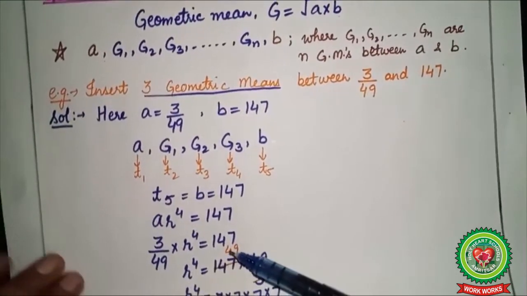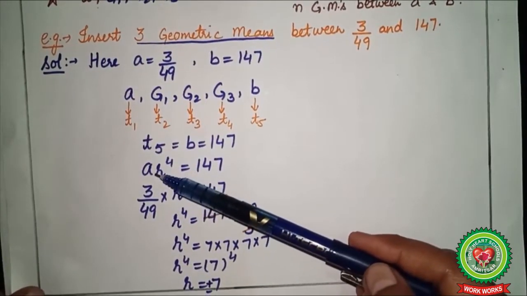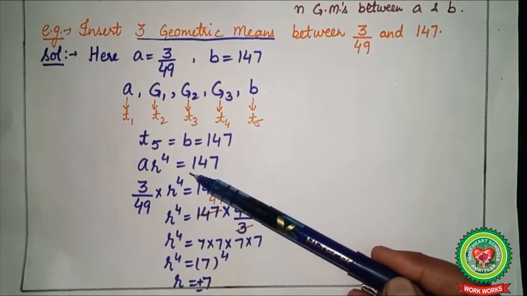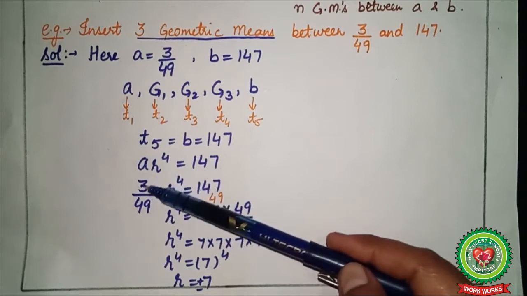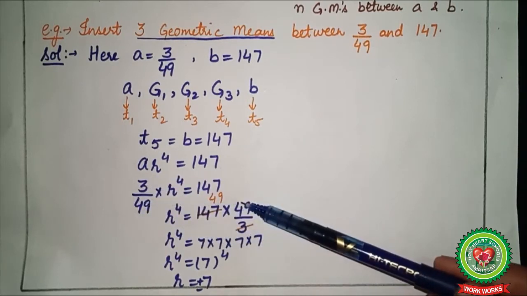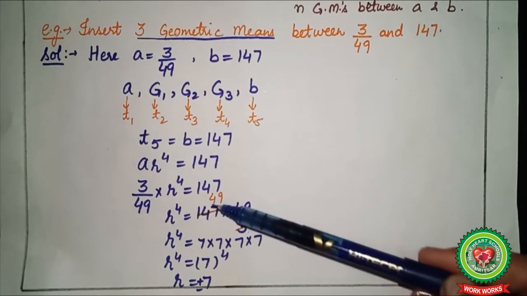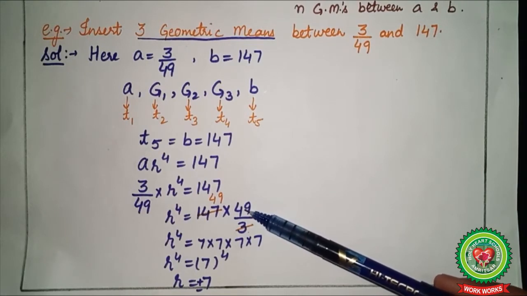Now put the value of A here. 3 upon 49 multiplied by r raised to power 4 is equal to 147. Now on shifting this term to the other side, we get the reciprocal, 49 upon 3. Here do the cutting, and we are left with 49 multiplied by 49.